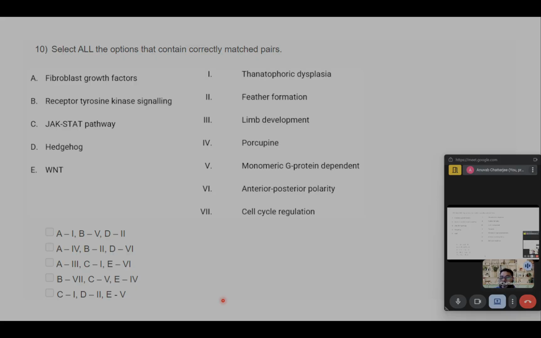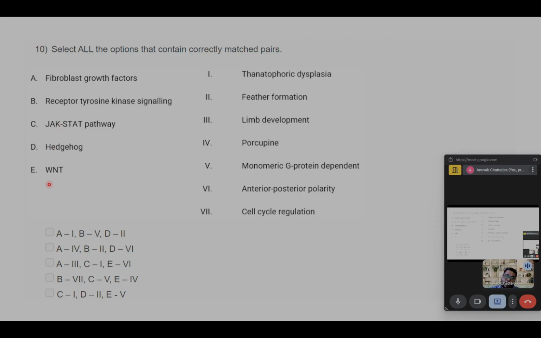And the next question, select all the options that contain correctly matched pairs. So here we have on one end all the signalings we have been discussing: fibroblast growth factors, receptor tyrosine kinase signaling, which is the same thing. Fibroblast growth factors are a type of receptor tyrosine kinase signaling. JAK-STAT pathway, which is also a variation of receptor tyrosine kinase signaling but has specific roles.